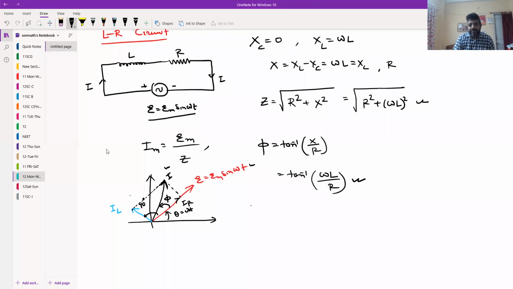So what can I write as my final equation for Im? Sine as it is, omega t as it is, and now it will be plus phi, since it leads. How do you get this phi from here? Understand?